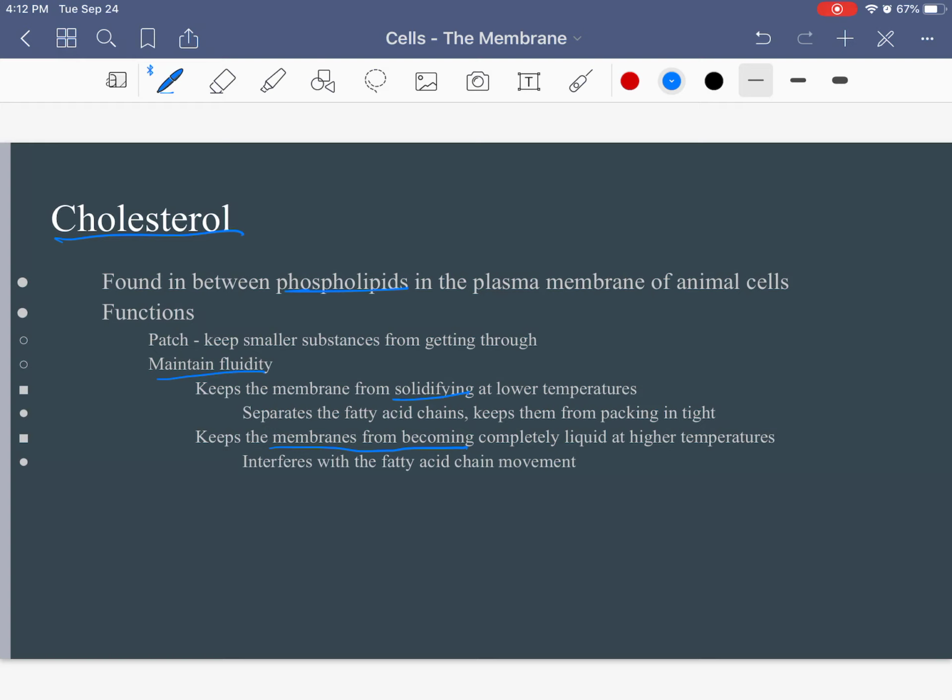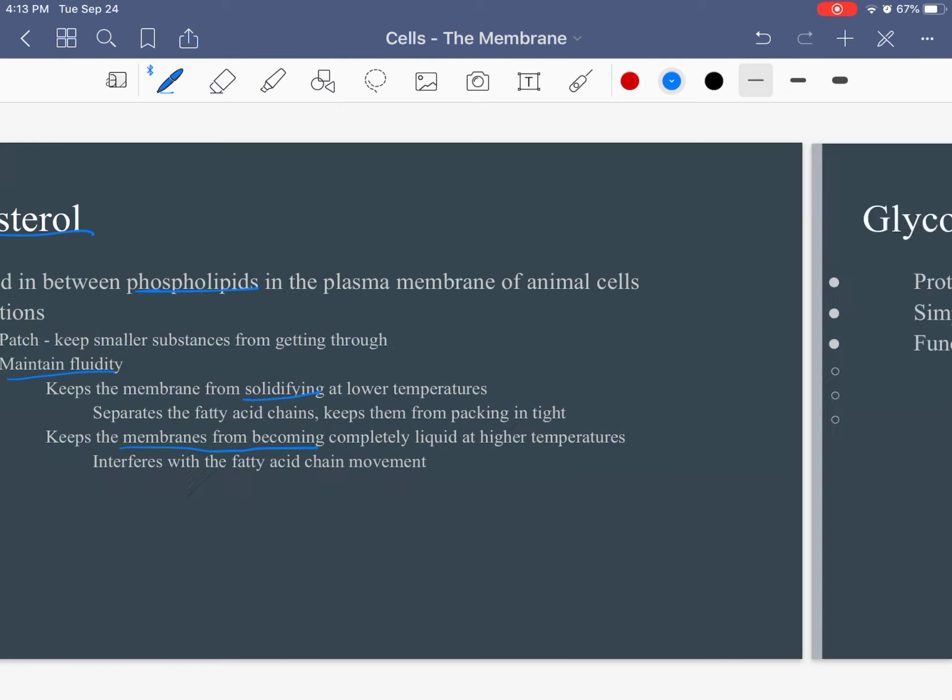We want our cells to stay together so that our bodies can function. Cholesterol helps with that. We also don't want our cell membranes to become solid. We want the proteins that are important to our cells to be able to migrate to the area of the cell that they need to be in. And so cholesterol is important because it helps to maintain fluidity.